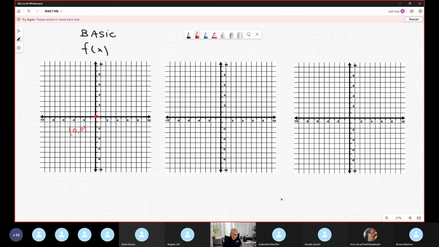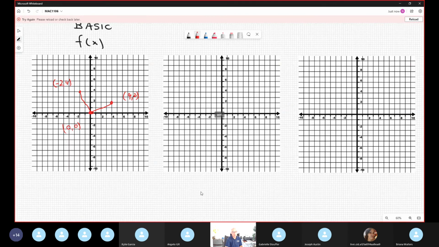We have another point, (4, 2), here. And we have another point, (-2, 4), here. Our function looks like that. This is my function. It's formed by line segments.